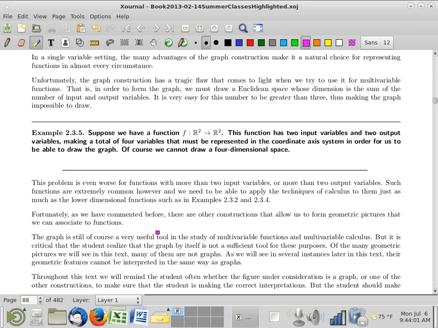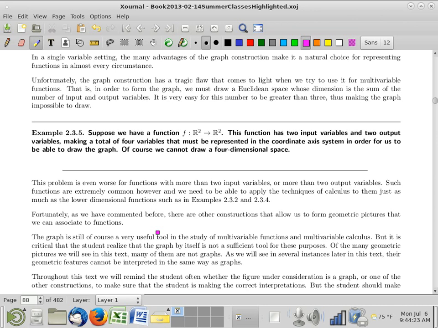And so we can draw graphs effortlessly. It's the perfect context for drawing graphs. And that's one of the reasons, anyway, that graphs are so uniformly relied upon in single variable calculus classes. Can't do that in multivariate. So, point to keep in mind there.